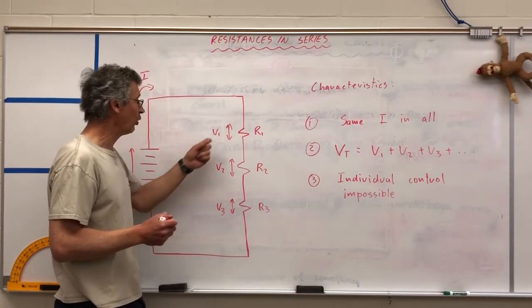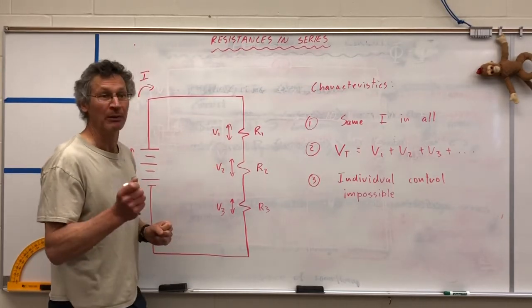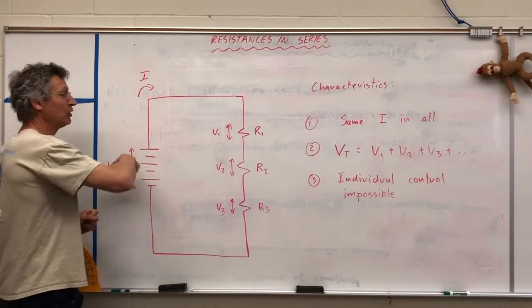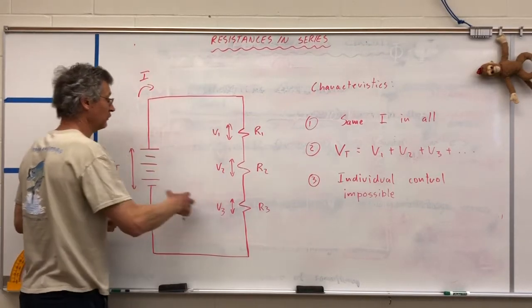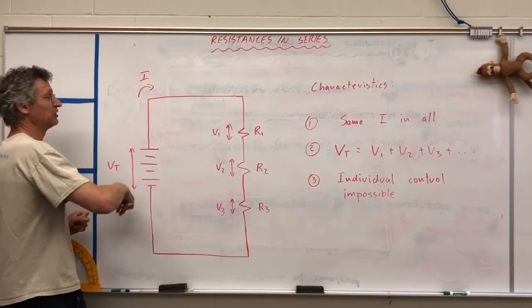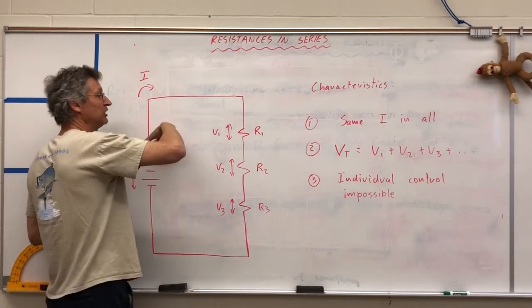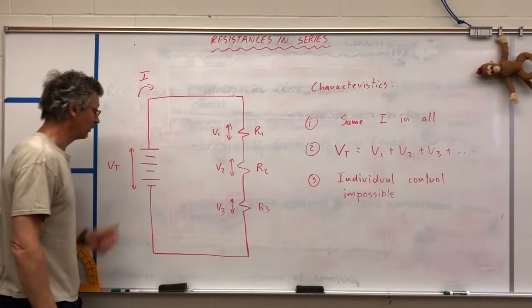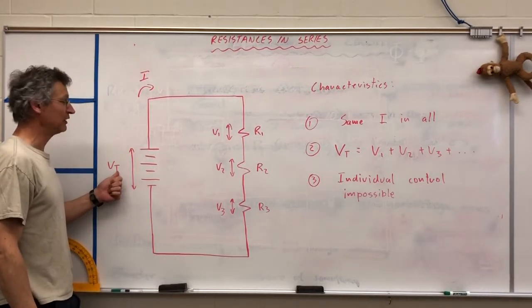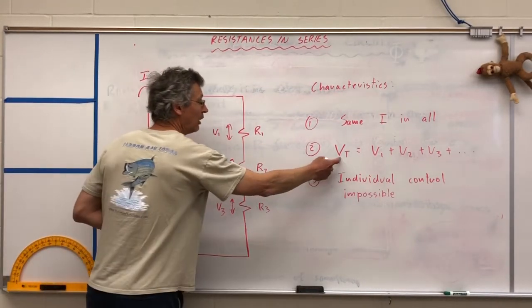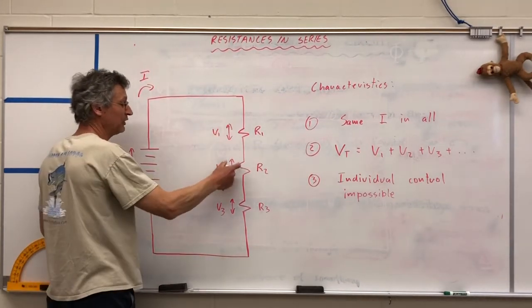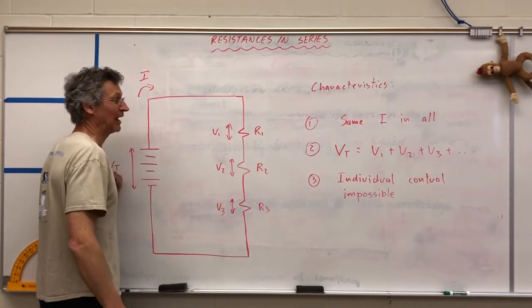How about all these voltages? Well, remember, in any circuit, the voltage increases are equal to the voltage decreases. The voltage increase through the source is going to equal the voltage decrease through the load, or the loads in this case. So you've got an increase of VT over here. Well, that increase is going to equal all these decreases added together.